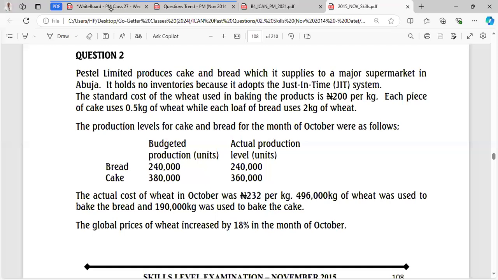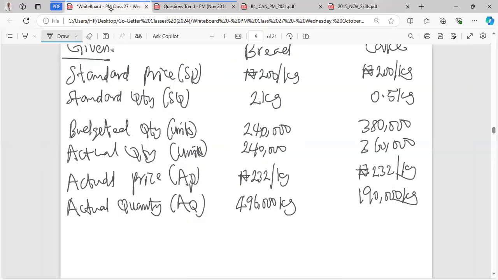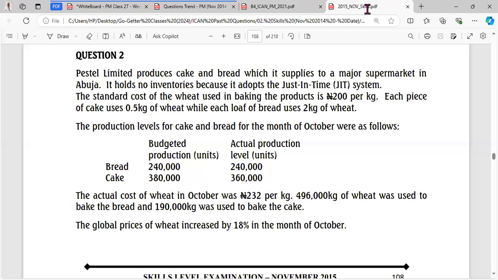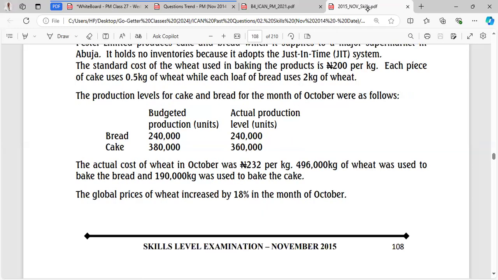Then we'll go to revised standards. Revised standard. Now, the global prices of wheat increased by 18% in the month.